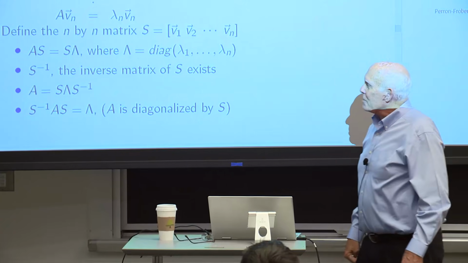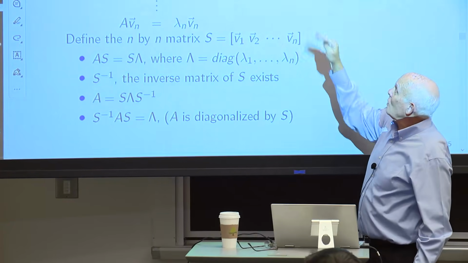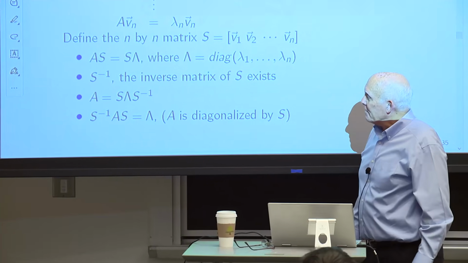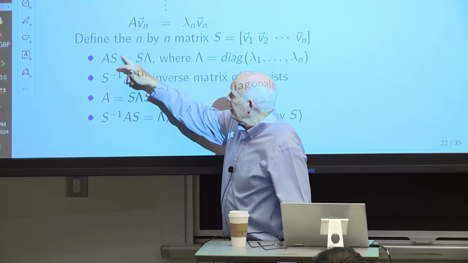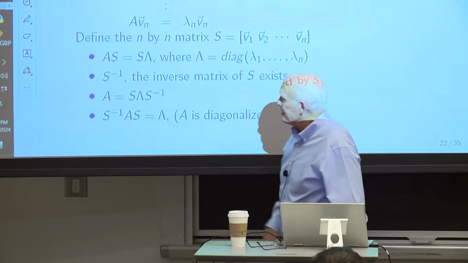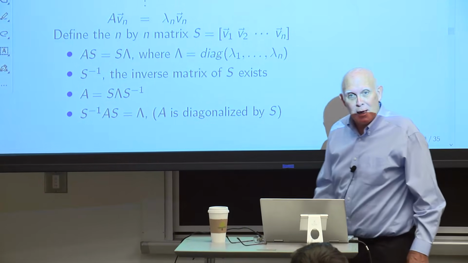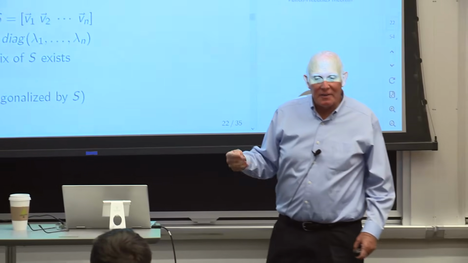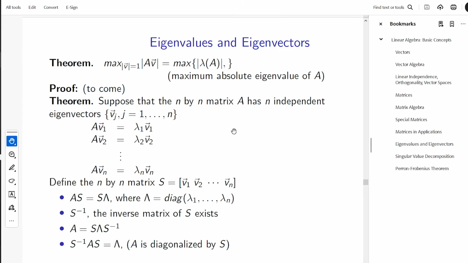And the inverse matrix of S will exist so long as we have independent eigenvectors. So this equation can be used to obtain A is S lambda S inverse. Alternatively, S inverse AS is equal to lambda. So these eigenvectors, when comprising a matrix, allow us to diagonalize a matrix A.